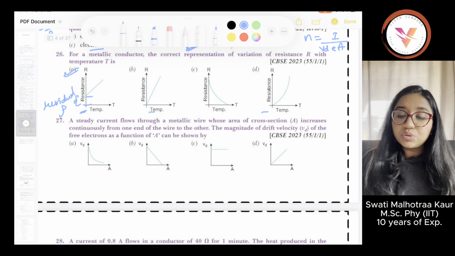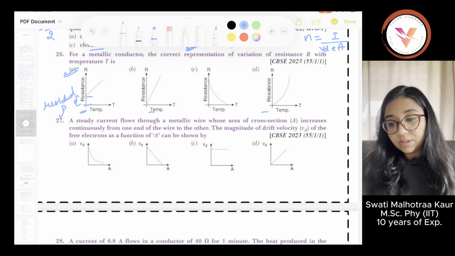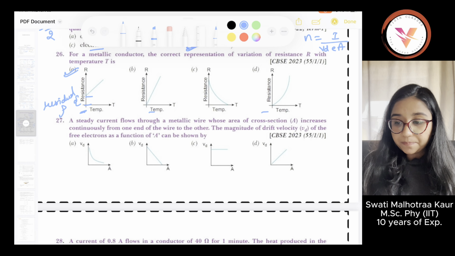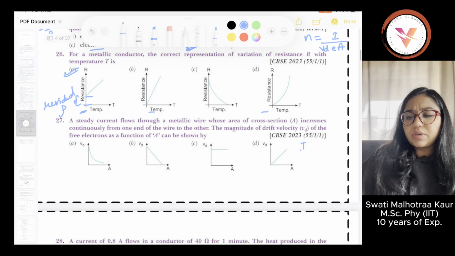A steady current flows through a metallic wire whose area of cross section A increases continuously from one end of the wire to the other. The magnitude of drift velocity of the free electron is a function of A. As inverse relation, I is equal to NEAVD, so VD is equal to I over NEA.